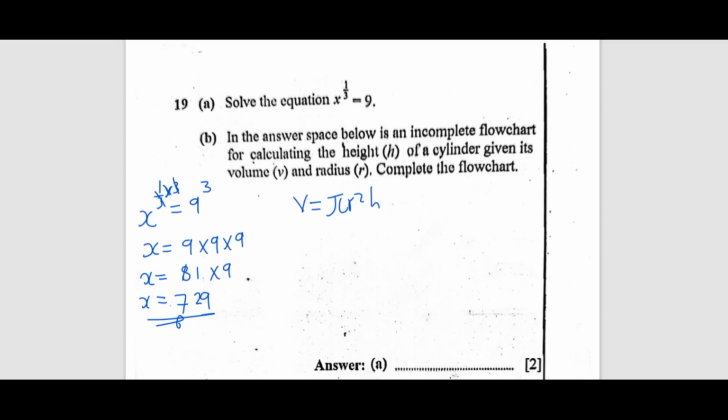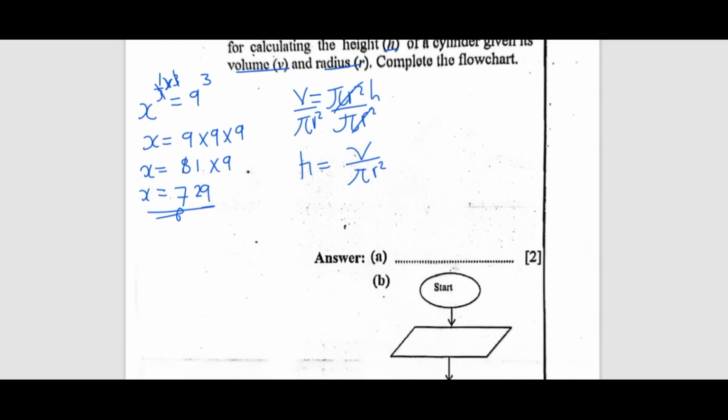Since we are solving for h, the subject of formula, we'll divide by pi r squared, also here by pi r squared, so that if we cancel, we'll have h is equal to volume over pi r squared. So the input here is volume, radius is also the input. Pi cannot be the input because it's a constant.